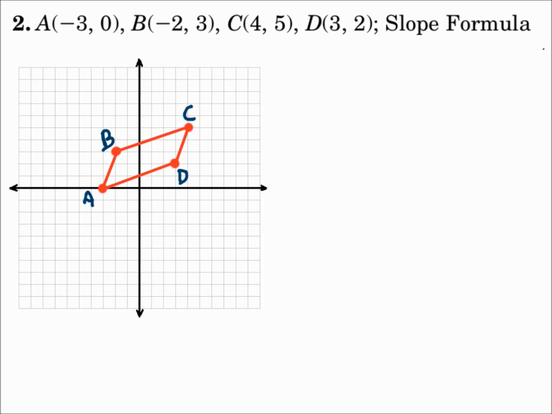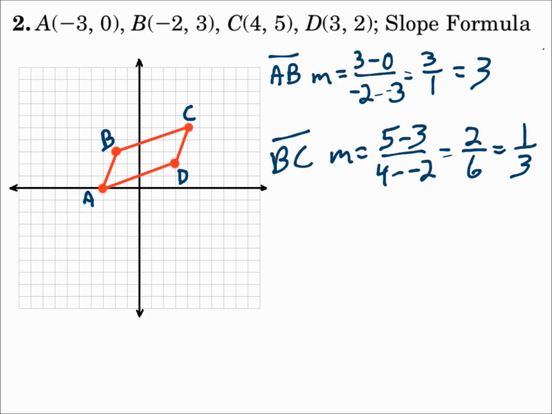For number 2, they give us the vertices of a parallelogram and say use the slope formula. Well, with the slope formula, I can see if two sides are perpendicular. To be perpendicular, they need to be negative reciprocals of one another. So let's find the slopes of segment AB and segment BC to start and see if those are perpendicular. If they are, we'll continue our way around the parallelogram.